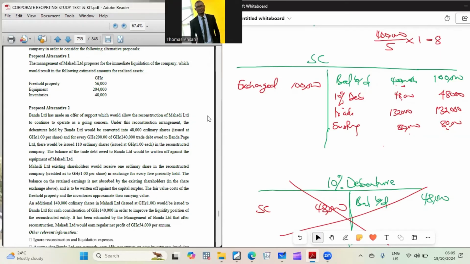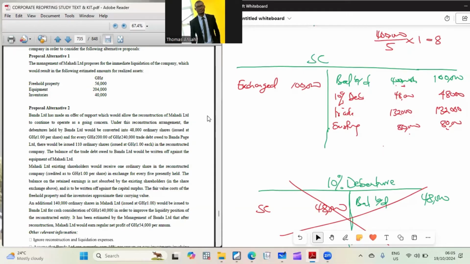Of course, reconstruction demands everybody making a sacrifice, but we want the accounting perspective of it. They have reduced their number of shares from 400 to 80 because for every 5 they had, they now give it out to maintain 1. And because they have done that, their stated capital, which was 100,000, is being reduced to what do we call it? 80,000.